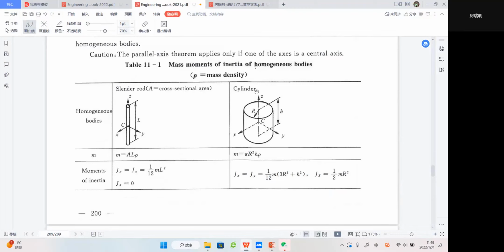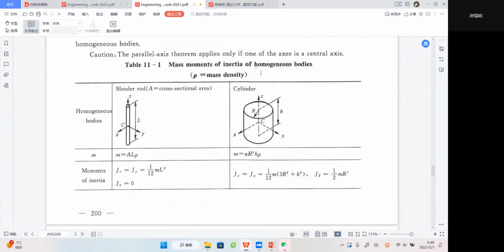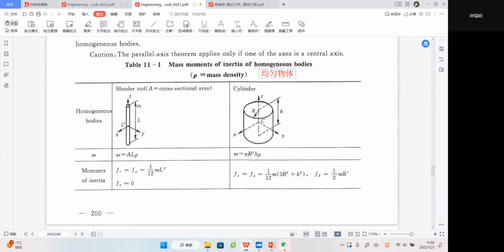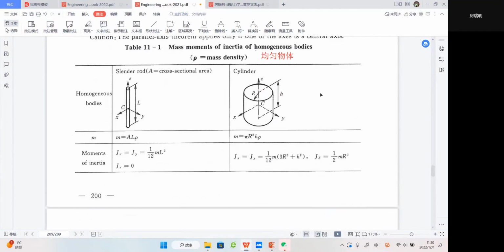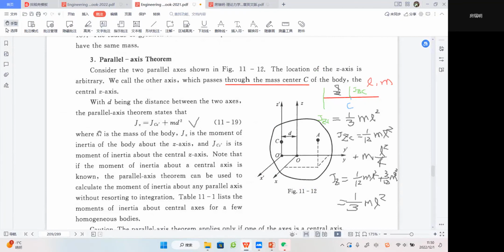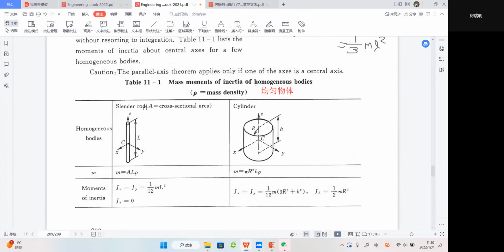Homogeneous means uniform material. It means each part has the same density. Please remember this. Homogeneous bodies are like the bar I just drew here, a slender thin rod.